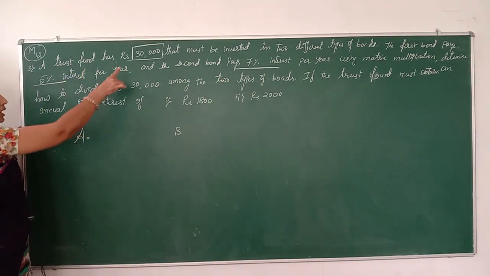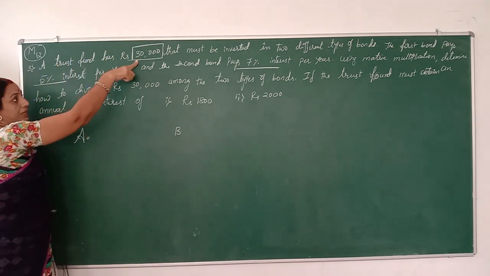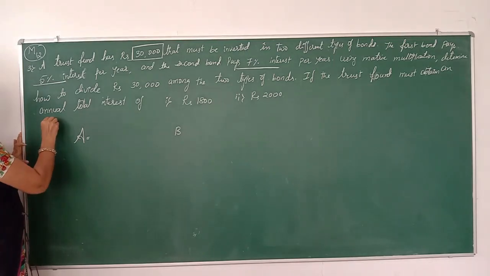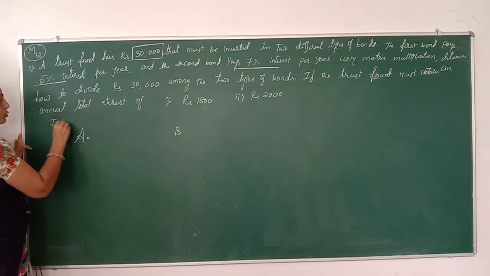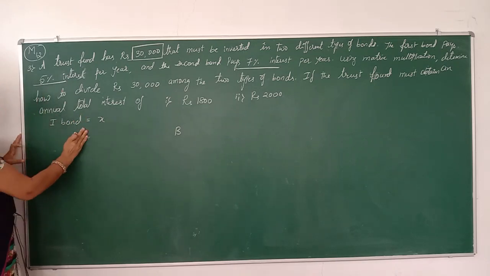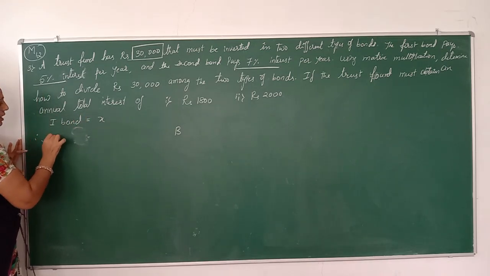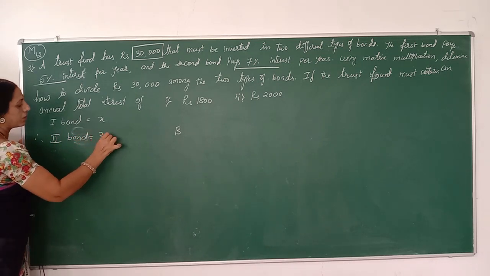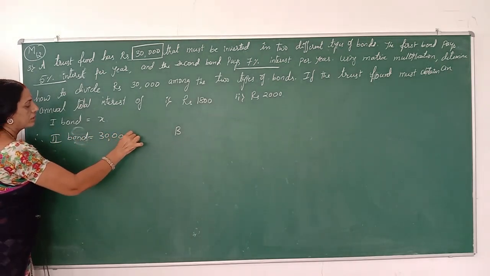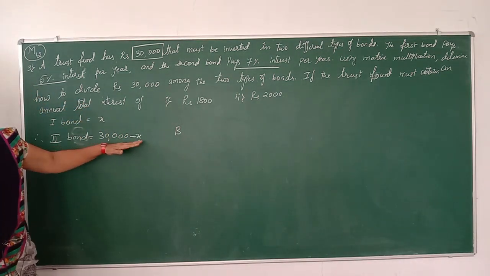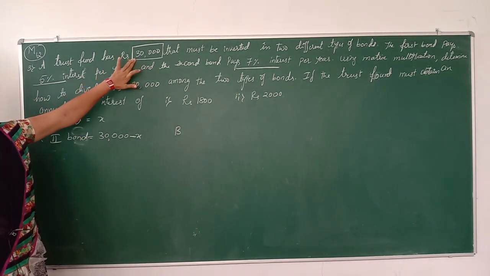So first, the total amount which we are investing is in two types of bond. Therefore, the amount in the first bond is denoted by X. Therefore, the second bond is nothing but 30,000 minus X. First bond plus second bond, the total amount is nothing but 30,000.